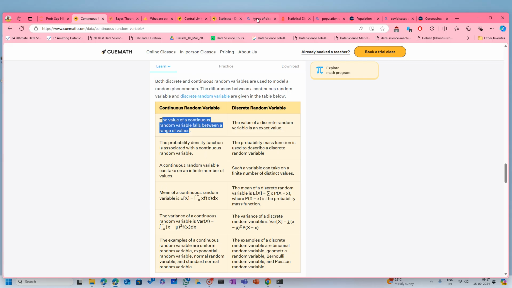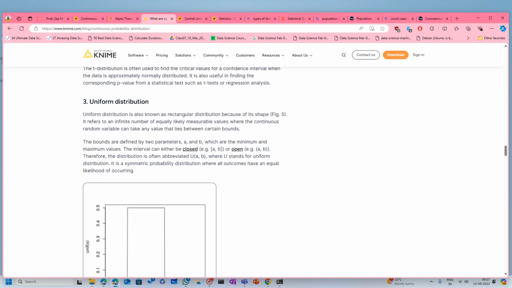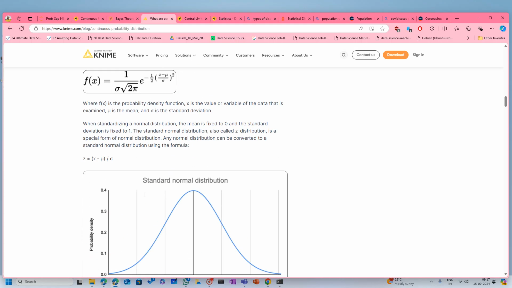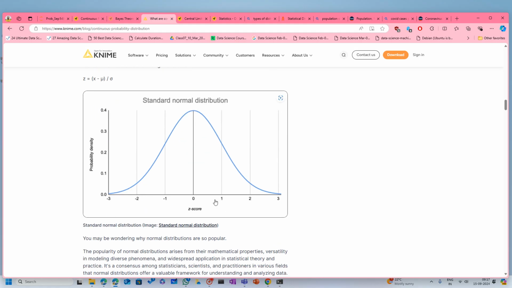In normal distribution, again, we have seen normal distribution a lot number of times. Standard normal distribution is, if you plot the z-score or the standard deviation, you will get a bell curve.